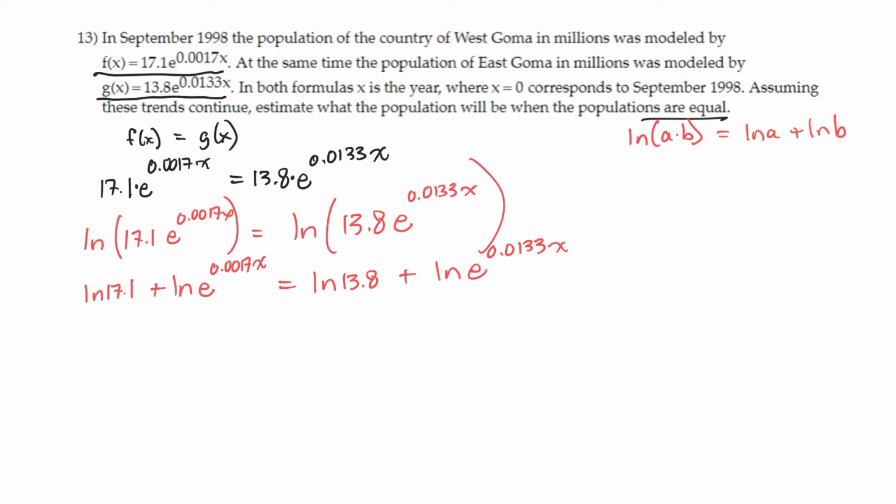Ln of 17.1 equals 2.839, let's call it, plus, now this is the same as log base e of e to the 0.0017x. And we said if these are the same, then the answer to this whole expression is just 0.0017x plus 2.839.